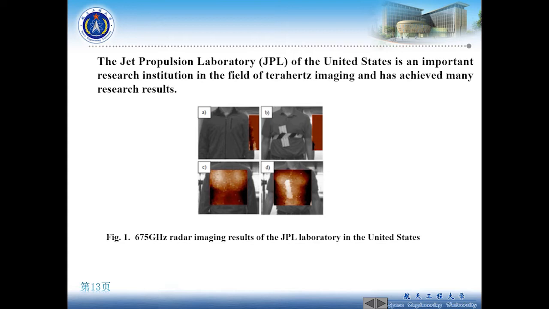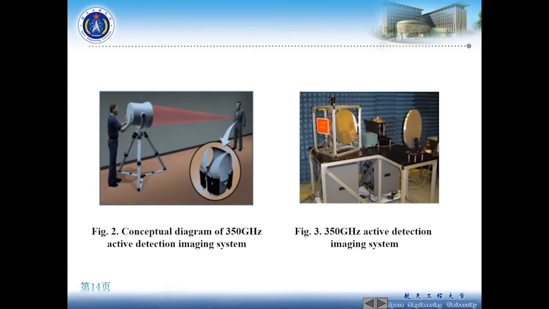Figure 1 is the 675 GHz radar imaging results of the JPL laboratory in the United States. Figure 2 is a conceptual diagram of the 350 GHz active detection imaging system. Figure 3 is the 350 GHz active detection imaging system.